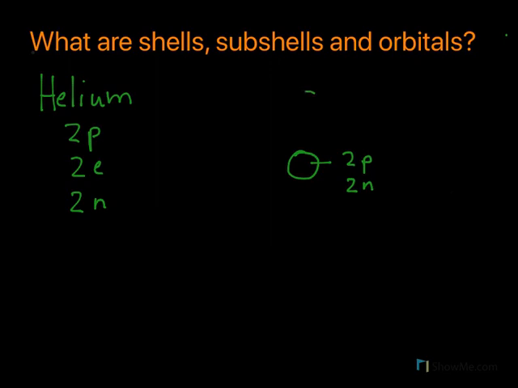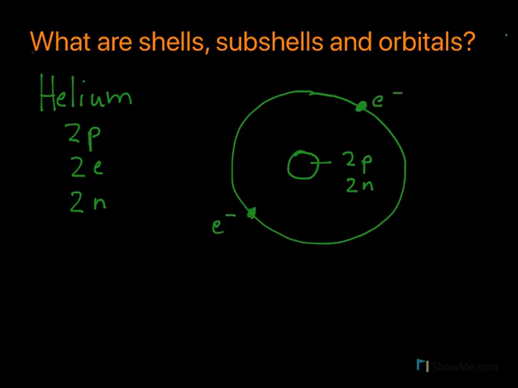It has its first orbital, and it has 2 electrons on this orbital that spin around the nucleus. Like I said before, the most electrons you can have in a single orbital is 2. So helium now has the maximum amount of electrons in its first orbital.